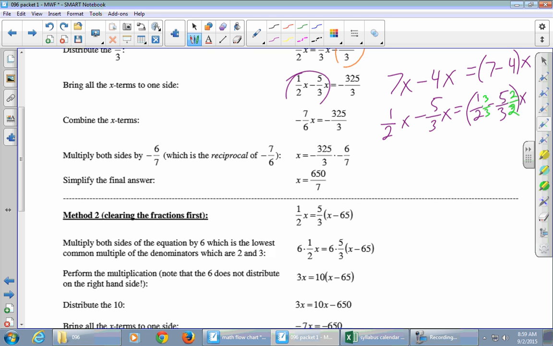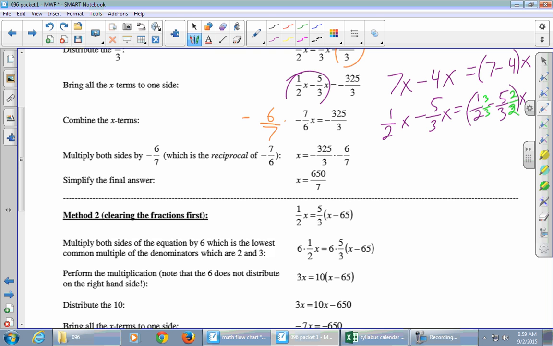Oh, that sounds promising, right? Because if I multiply over here by 6/7, then I can cancel the 6's and I can cancel the 7's, and I'm left with almost 1. What am I left with if I cancel the 6's and 7's? Is -1. So maybe instead of 6/7, negative 6/7. That'll get rid of the negative 7/6.